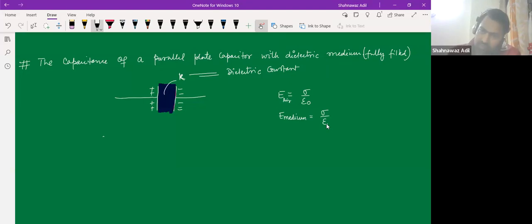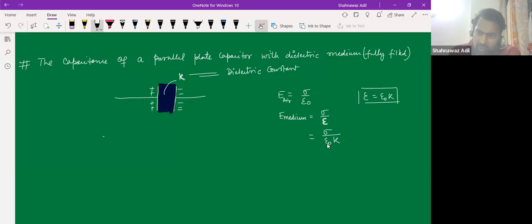How are this epsilon and epsilon naught related? We remember from the electric charges class. This epsilon is epsilon naught into K.